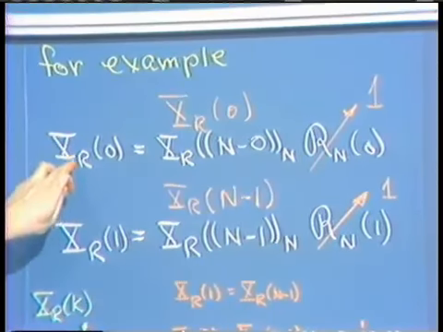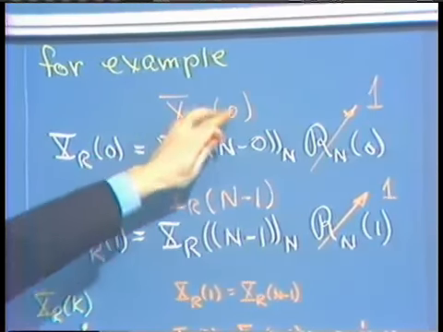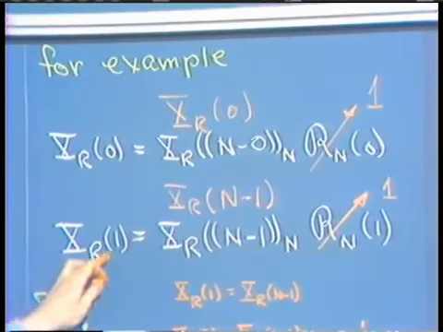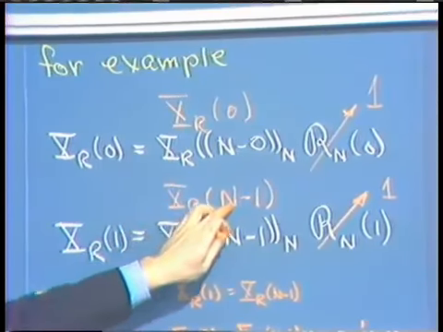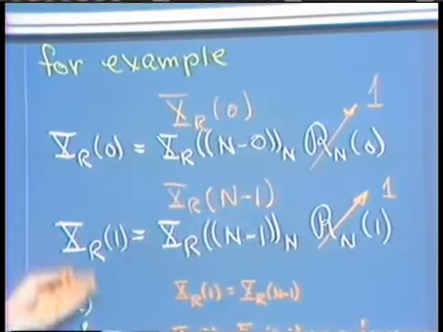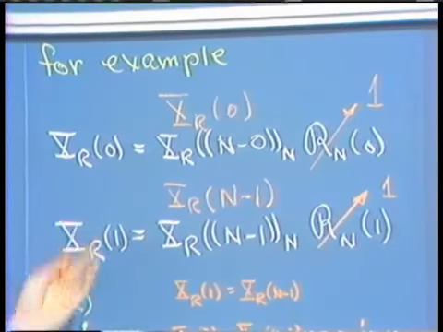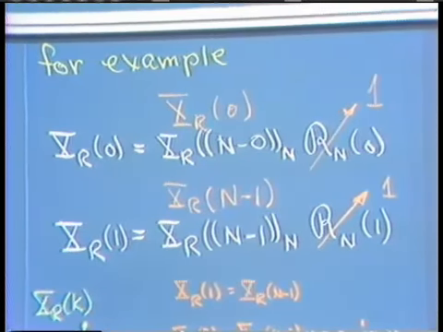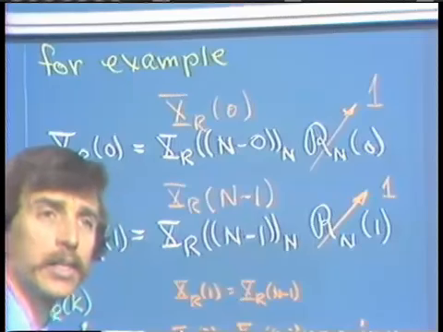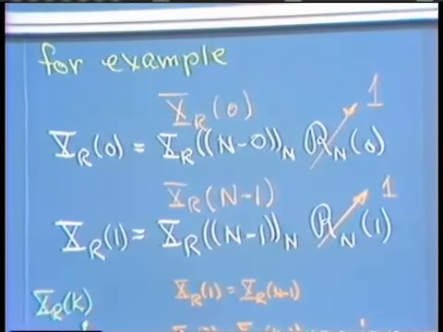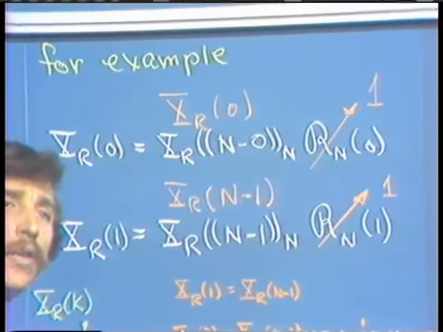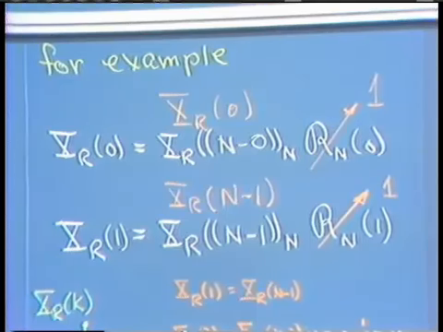So what this says is x sub r of 0 is equal to x sub r of 0. It says x sub r of 1 is equal to x sub r of n minus 1. And if we repeated this, we'd find x sub r of 2 equal to x sub r of n minus 2. And that's, in the context of the discrete Fourier transform, what we mean by the Fourier transform being even.